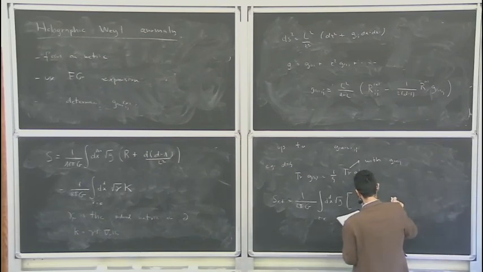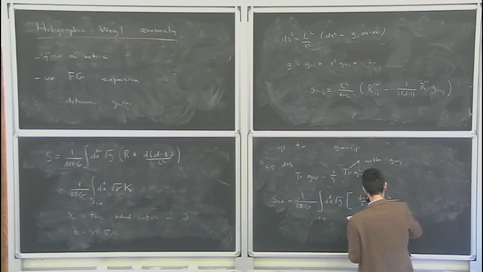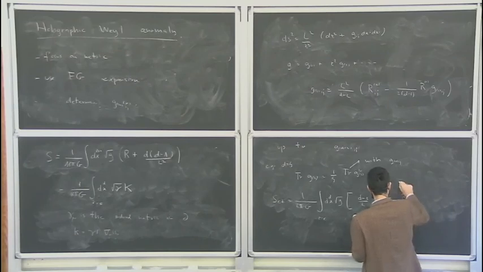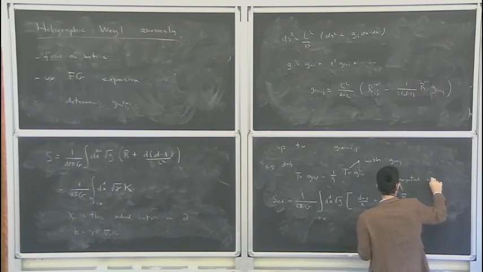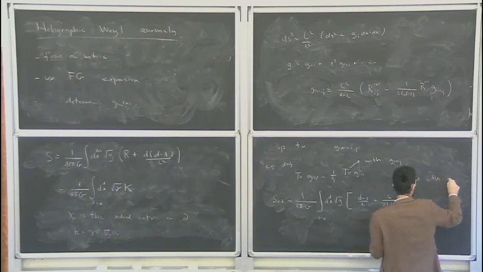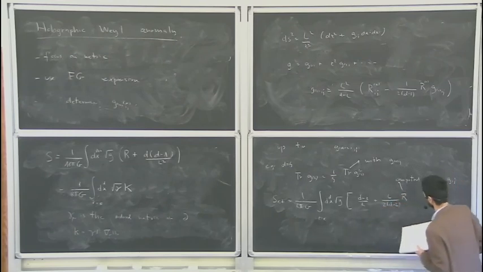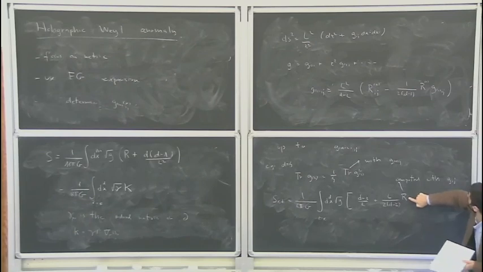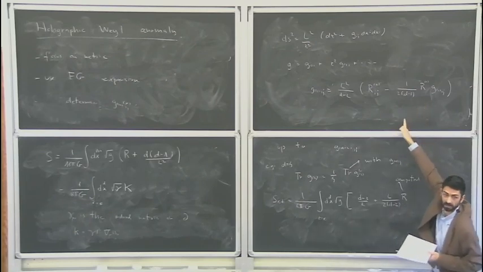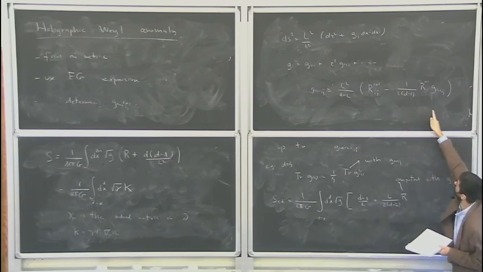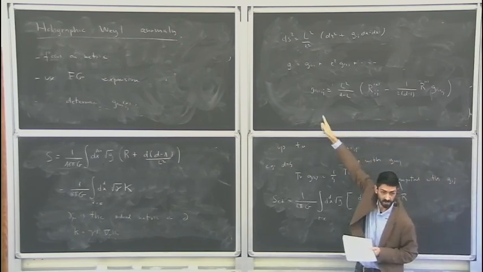Then it has a Ricci scalar, which is computed with Gij. So in particular, this R is not the R naught that appears there. This R naught is computed with G0, the leading order term in the expansion.